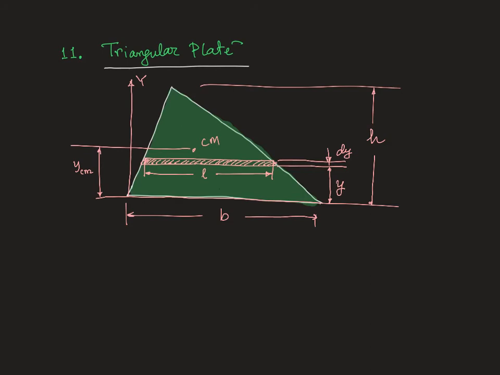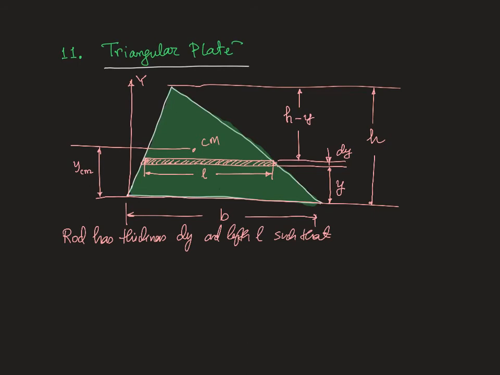Now, the rod has thickness dy and length L. What will be the value of L? As the height is h, we will use the similar triangles formula, so h minus y.